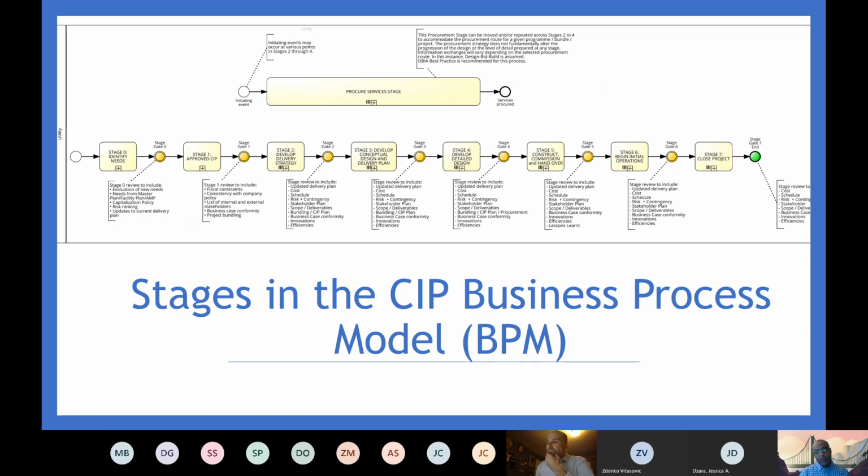So let me talk a little bit about how the two topics came together to be part of one bigger CIP planning business process model. The 2 processes have a lot in common. First, the CIP delivery follows the CIP planning and the BCE process, so one comes after the other.